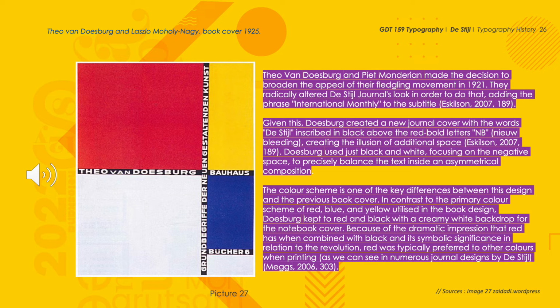Given this, Doesburg created a new journal cover with the word "De Stijl" inscribed in black above the bold red letters NB, creating the illusion of additional space. Doesburg used just black and white, focusing on the negative space to precisely balance the text inside the asymmetrical composition.